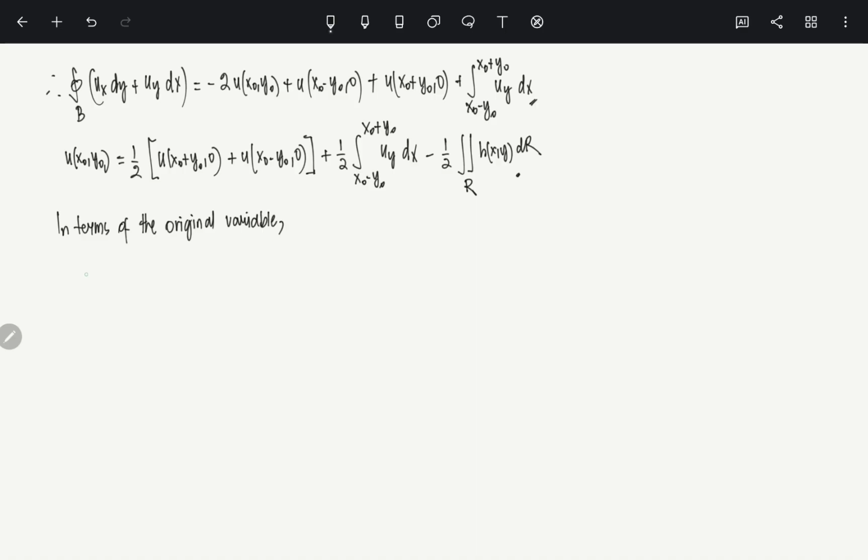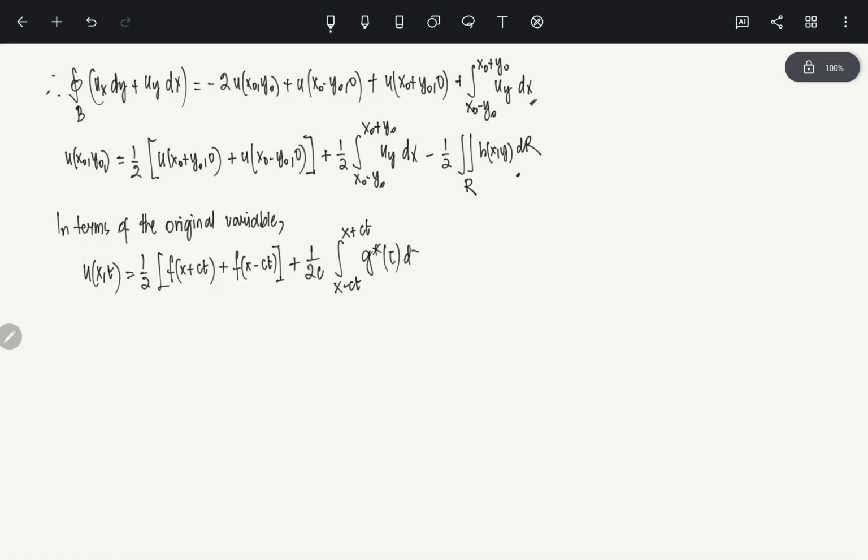We get u of x,t, which is nothing but half of f of x plus ct plus f of x minus ct, plus 1 by 2c times the integral from x minus ct to x plus ct of g star of tau d tau.